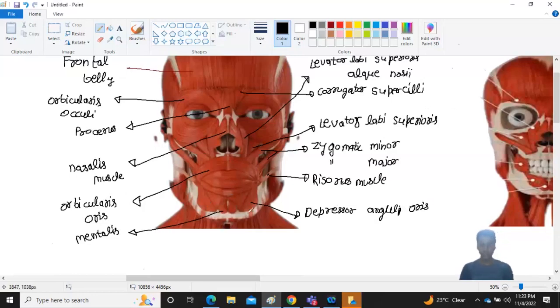Then this is depressor labii inferioris. Just opposite in name to the levator labii superioris. Inferioris. Done.